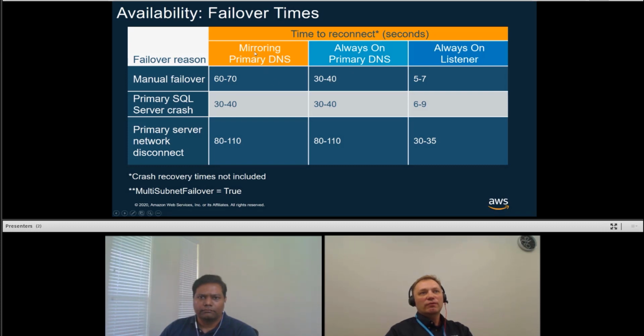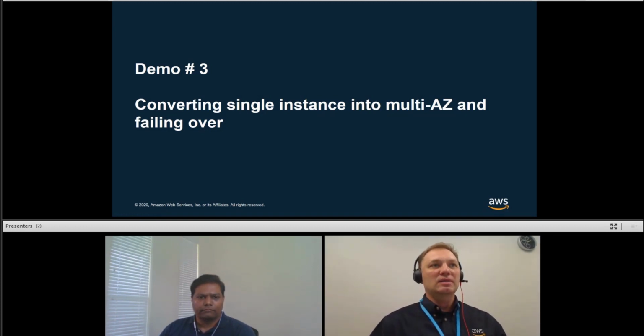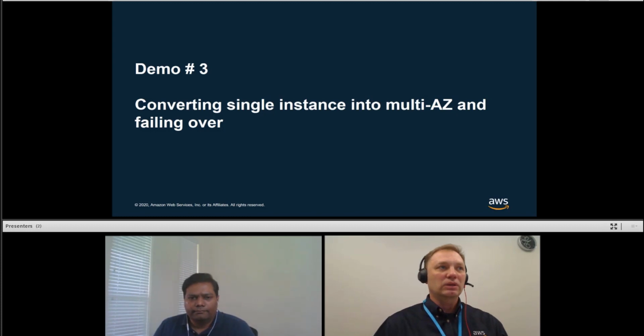And in the case of mirroring, primary DNS is really the only option for the failover. Then the times will be much greater. All right, with that, let's have our third demo, and in that demo we will take a single instance and convert it into a Multi-AZ, and later we will experience a failover.